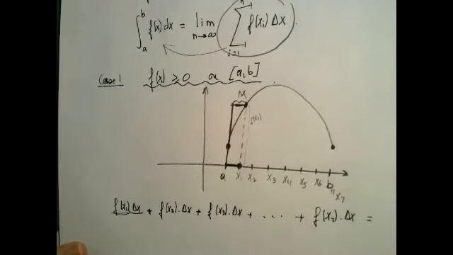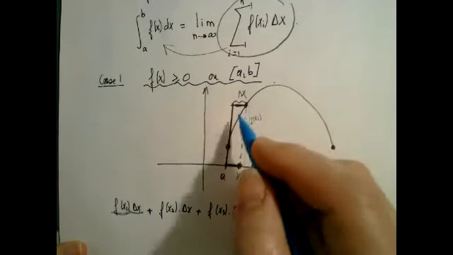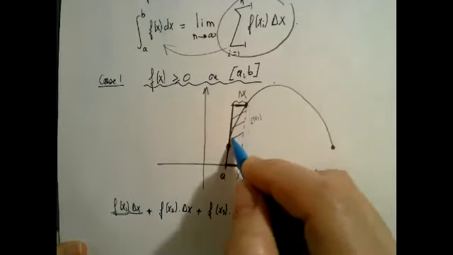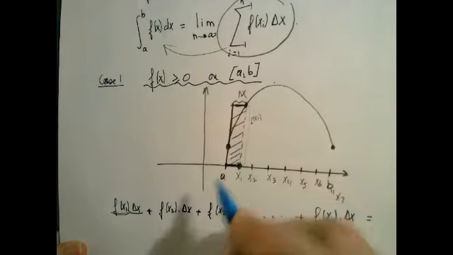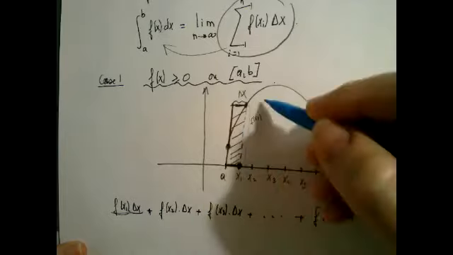So it represents what? Length times width is what? Length times width of what? Of this rectangle, right? From here to here is f of x1, that's x1, and this is delta x.